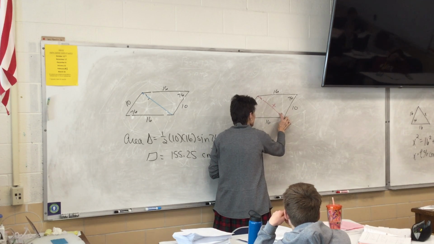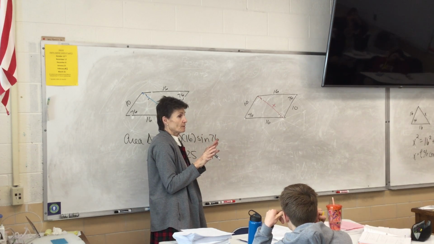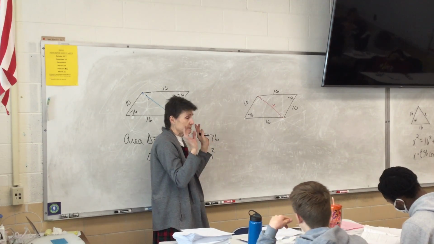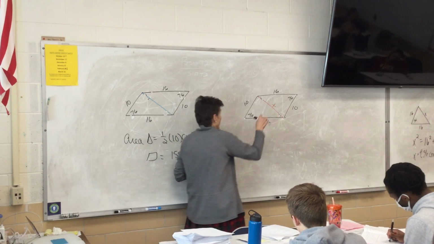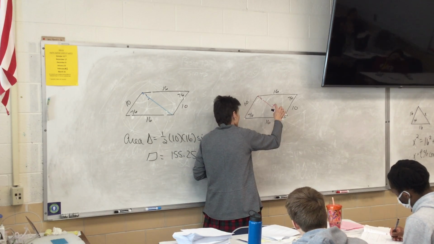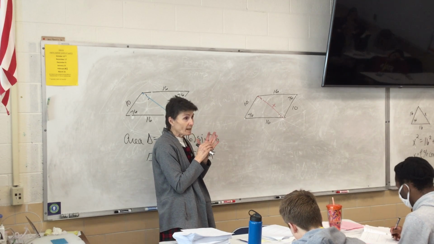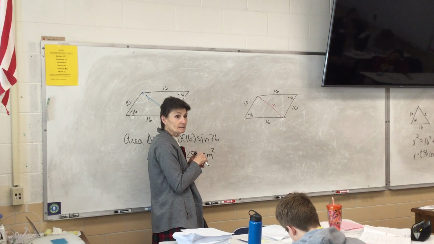The angle that you split, you know nothing about it. It's not cut in half. I don't know how it's cut. I'd have to do something to figure that out. I want to find that side. I'm not going to do 1/2 side sine because that is area.